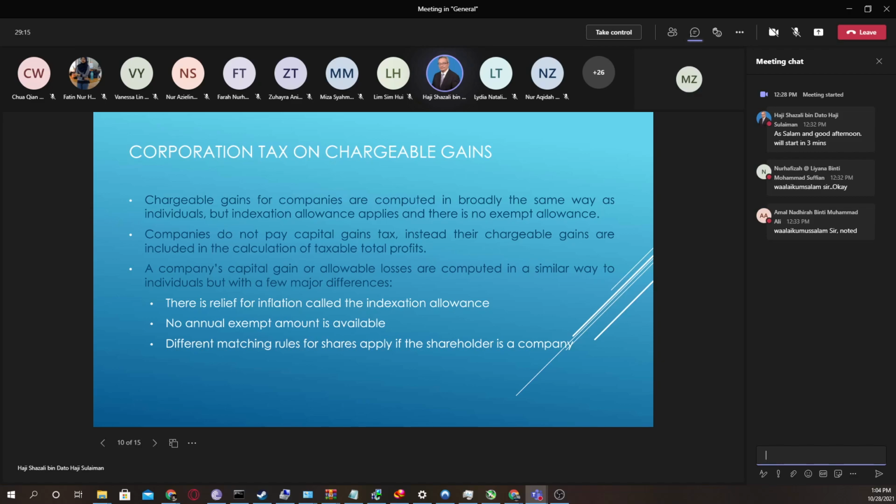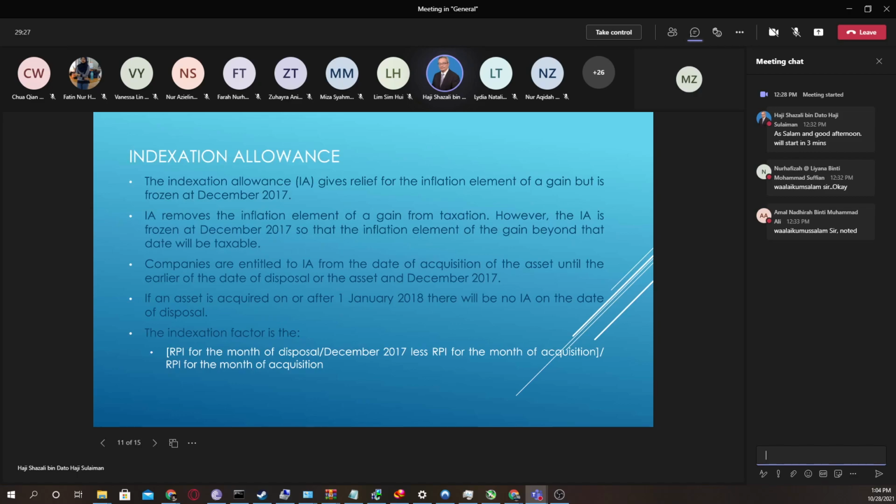No annual exempt amount is available, and there's a different matching rule for shares that applies if the shareholder is a company. I think the next slide is probably the rules. No, not quite. Okay. So indexation allowance gives relief for the inflation element of a gain. But in the UK, they froze it from 1st January 2018.